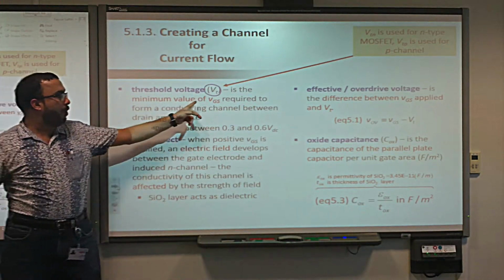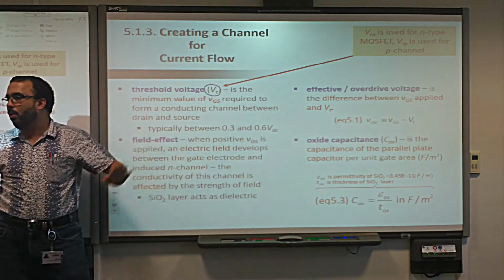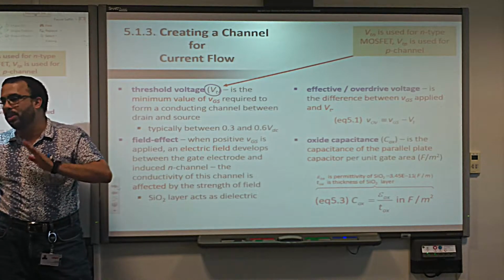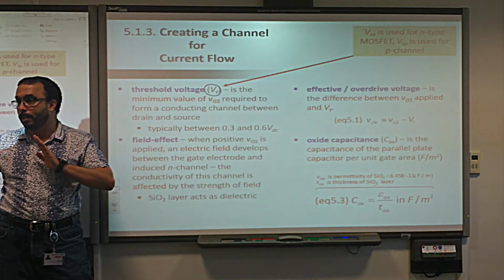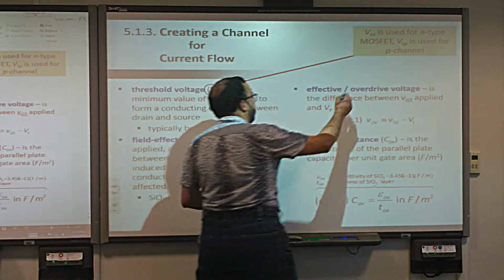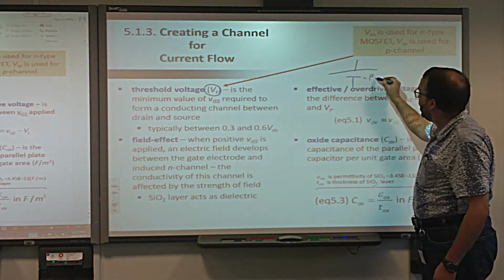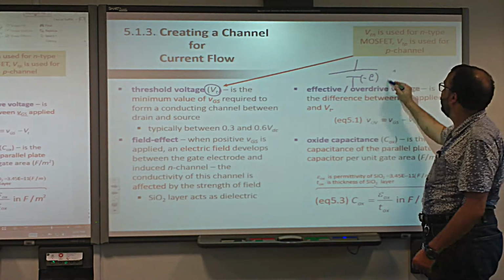Here is the minimum voltage of VGS. Here, why do we call it VGS? Because the source is always grounded. It's actually the lowest voltage, okay? The source. Do you understand? Because if you remember, like the battery, this is where the electrons are coming from, yes or no? So this is the source.